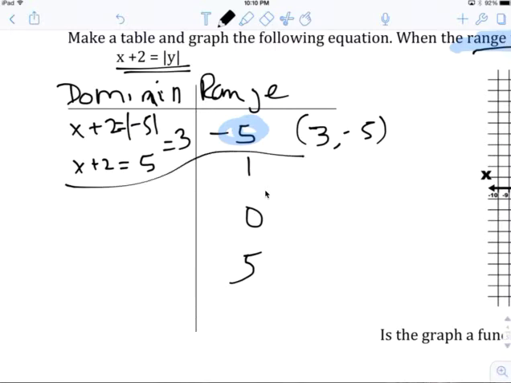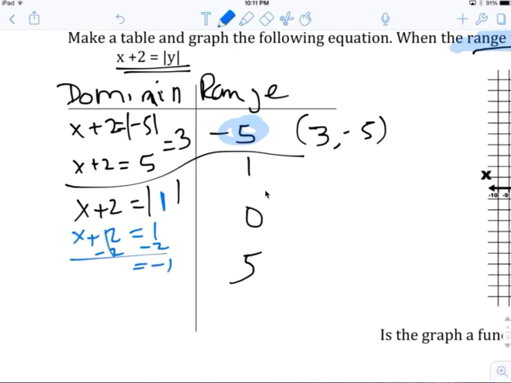And then you do 1. X plus 2 equals absolute value of y. So in place of y, you put the 1. x is -2, so this is -1, 1.